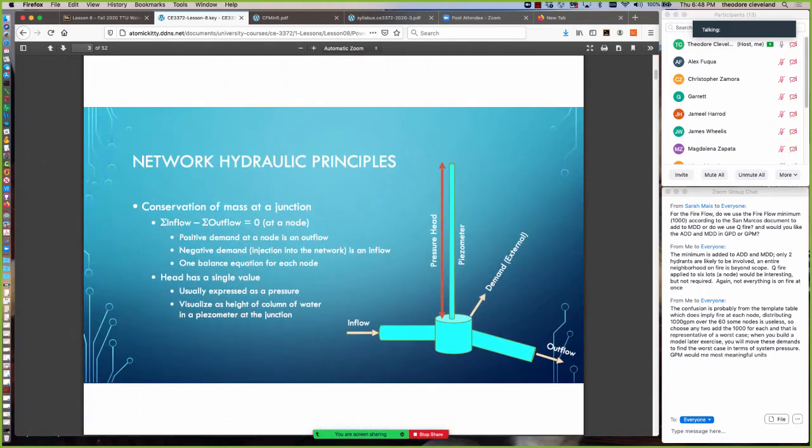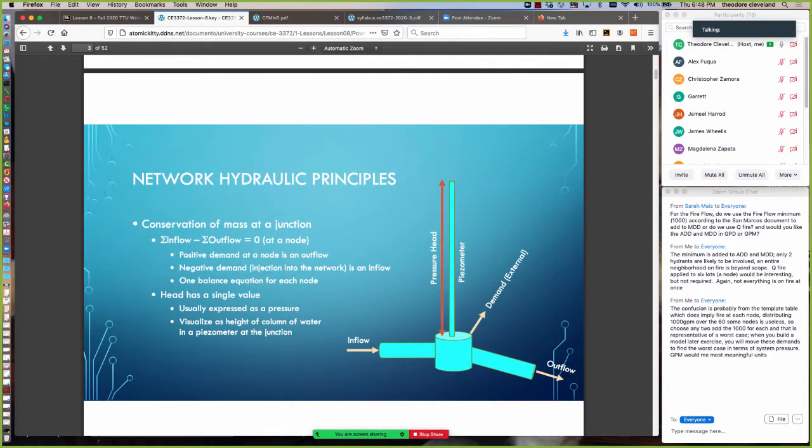So the principles of network hydraulics are, first, there is a set of conservation principles that's applied at a junction, and they're called nodes. So they're nodes in your exercise set as an example. And that simply says that the sum of the inflows minus the sum of the outflows is 0 at a node. And there's a couple of conventions that are used.